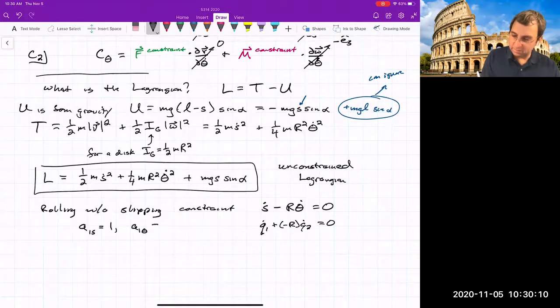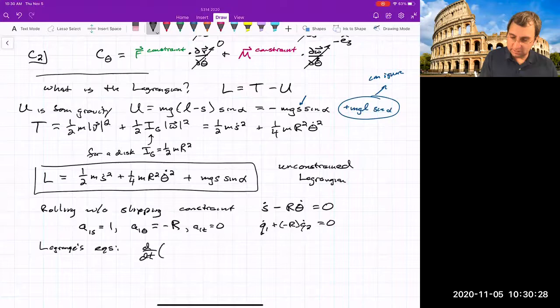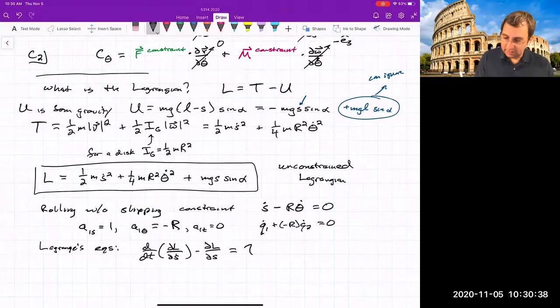A1 theta is negative r. And then if you want, A1t is 0. It's just not there. Okay. So Lagrange's equations are d/dt partial L partial s dot minus partial L partial s equals lambda 1 A1s.